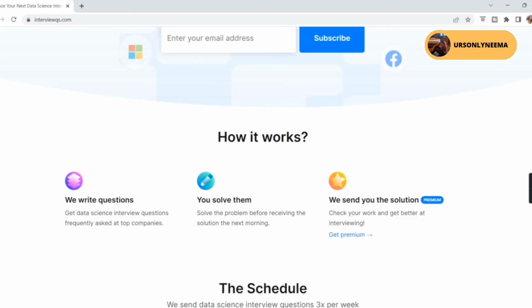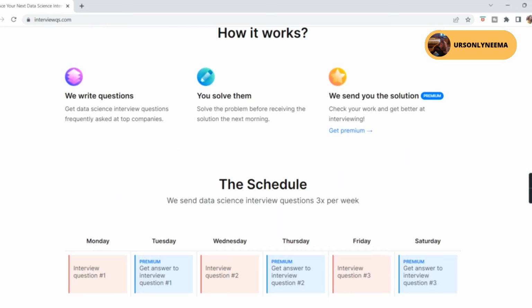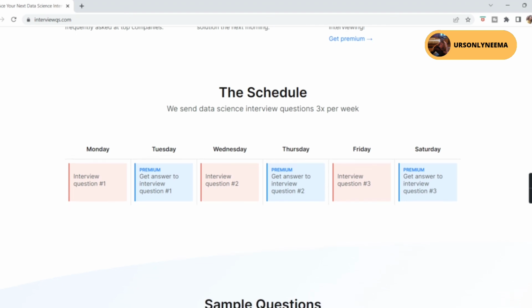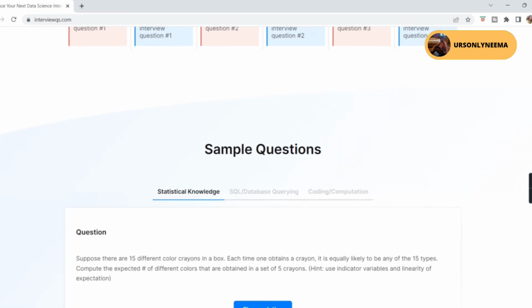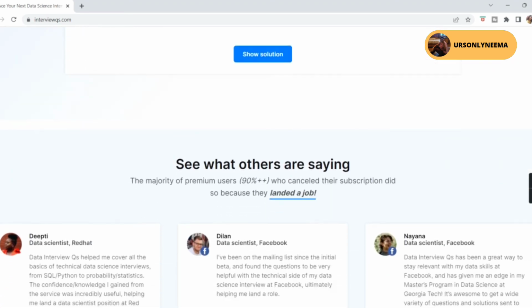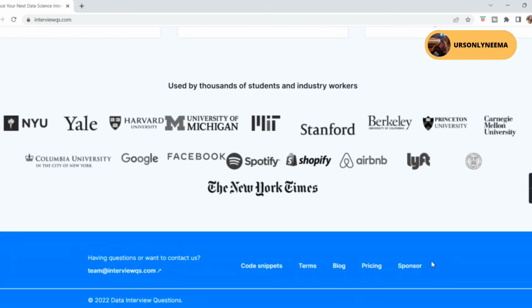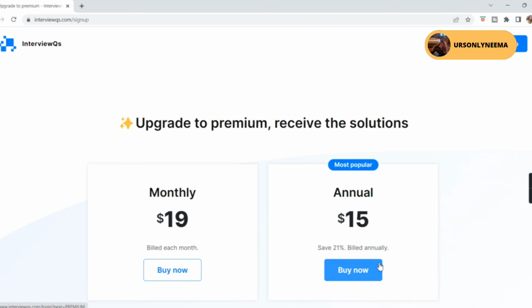The pricing structure. As I already mentioned, they write questions, you solve them. So this is how it's been scheduled. All these questions and the sample questions are provided for you to test the waters. With respect to pricing, you can see this section where you can see the pricing.